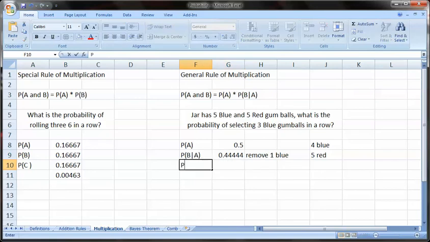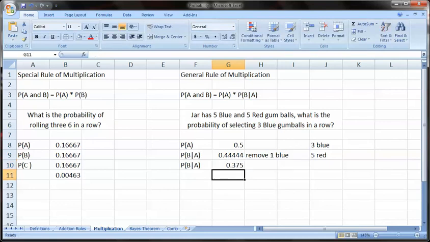Now we're going to set another conditional probability. That's all this little symbol means: some sort of condition has been met, or some new rearrangement has been created. So now, instead of 4 blue, we're going to have 3 blue and 5 red, so equals 3 divided by 8. 3 plus 5 is 8. There are 3 blue left. 0.37.